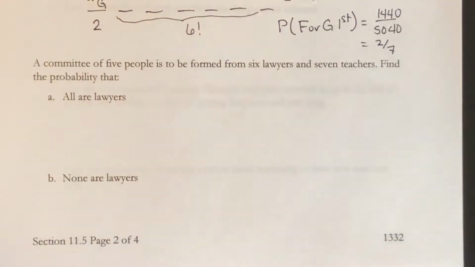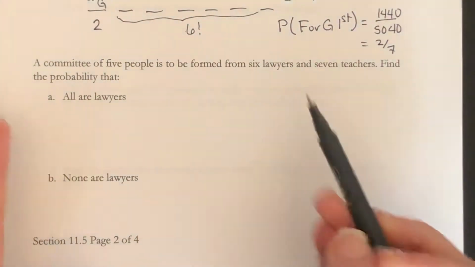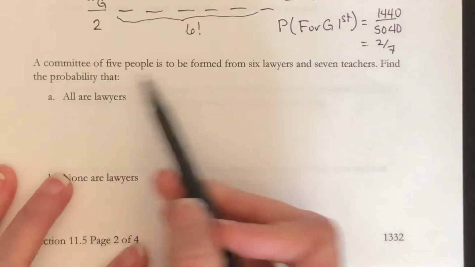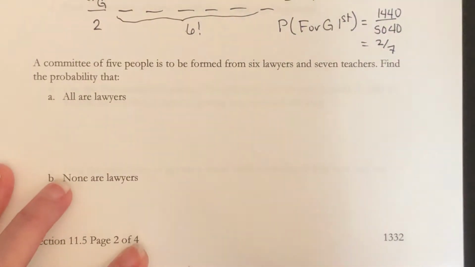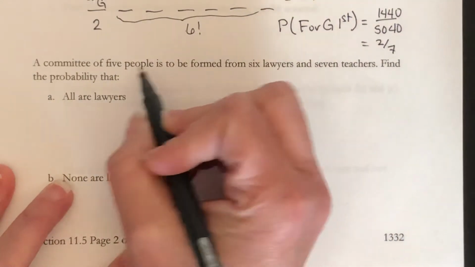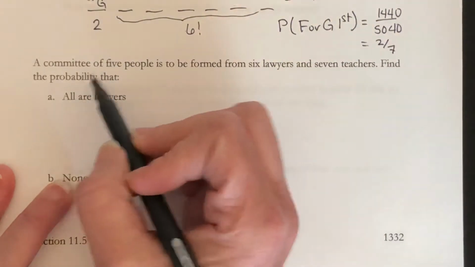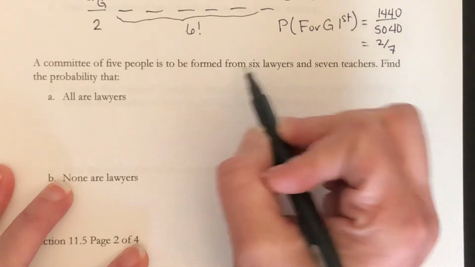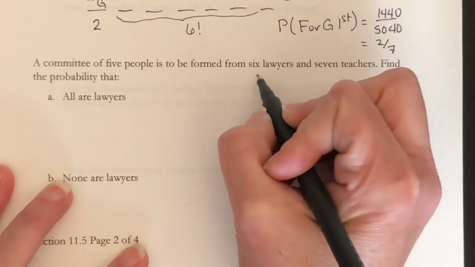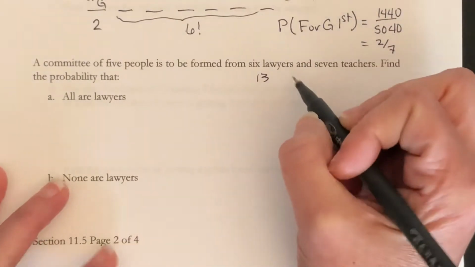Okay, so first of all, I need to figure out how many different ways we can form this committee without any of the other restrictions on it. So how many different ways can we choose 5 people from here? We have 6 lawyers and 7 teachers, so that is 13 people total.